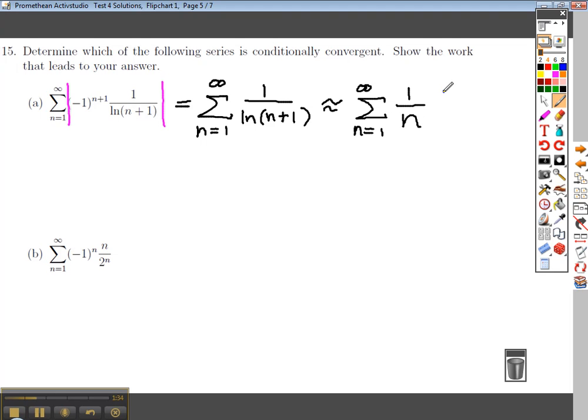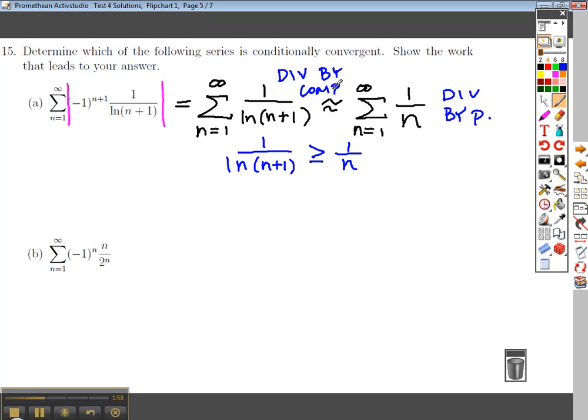This is divergent by p series. What was not shown for this to be truly divergent is that this is in fact greater than or equal to, because the ln grows so much slower than this. So technically this series diverges by comparison. People were not showing that greater than.